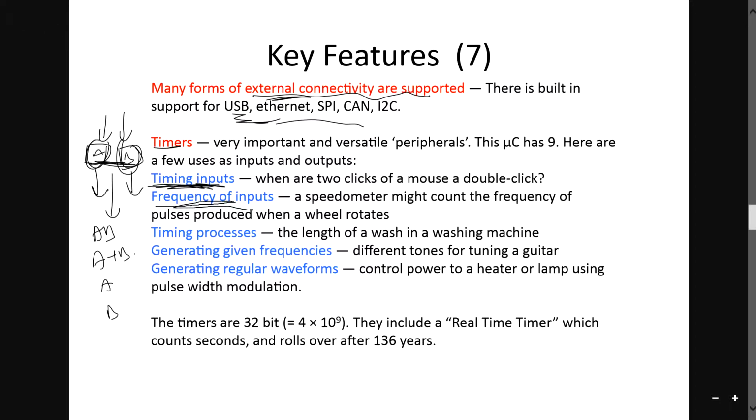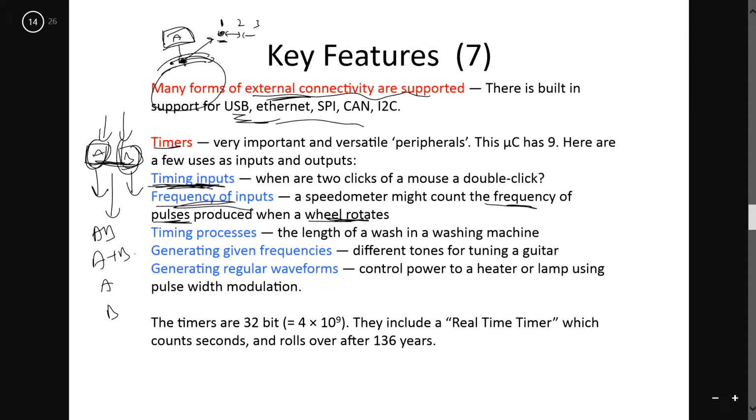And frequency of the input is to calculate the frequency of the pulses produced when a wheel is rotating. For example, you have a certain sensor over here, and this wheel is rotating. At this point, it rotates, it snaps a picture. Okay, stop. This is point 1, and then it rotates again and this point reaches here again, point 2, and then rotates again, point 3.